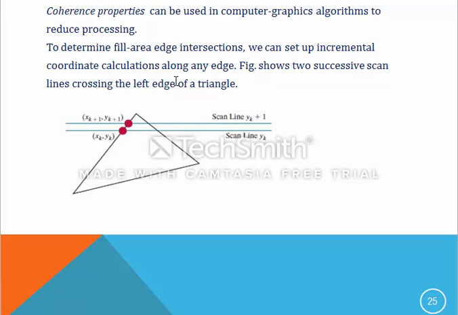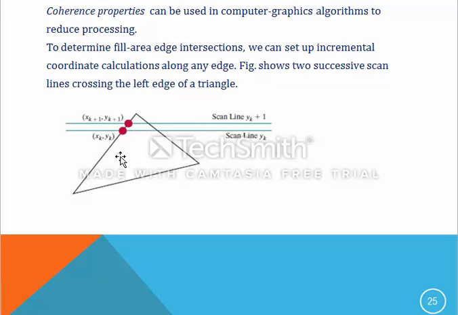Each successive x-intercept can thus be calculated by adding the inverse of the slope and rounding to the nearest integer. Thus, along an edge with slope m, the intersection xk value for scanline k above the initial scanline can be calculated as xk = x0 + k times the inverse of the slope.